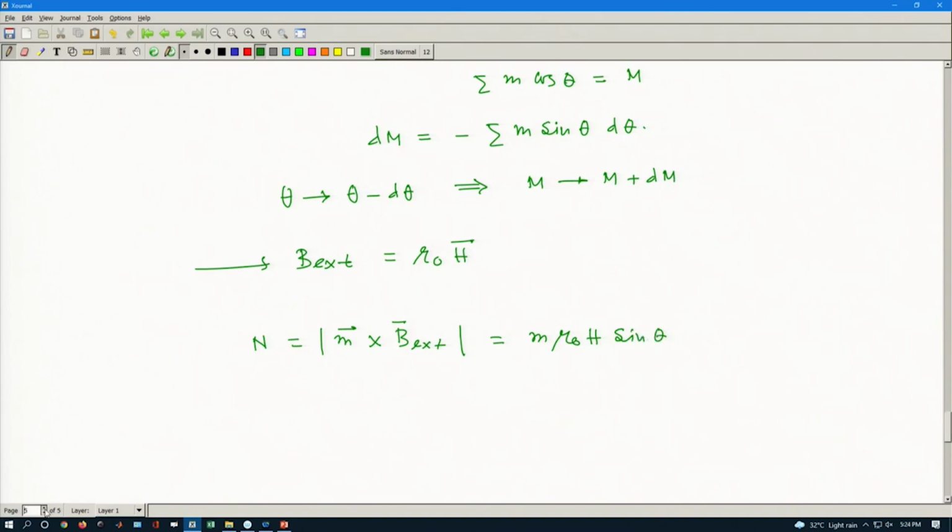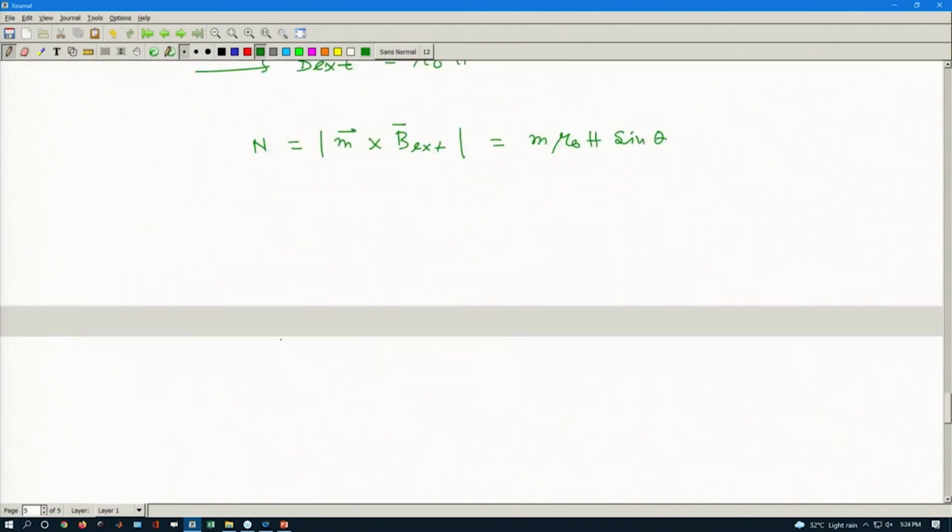Then this is the amount of torque on the dipole moment.